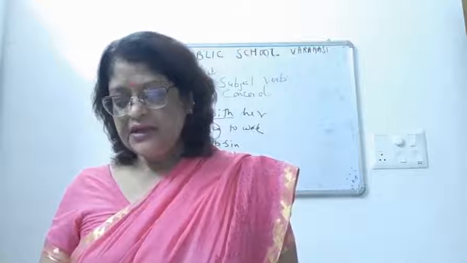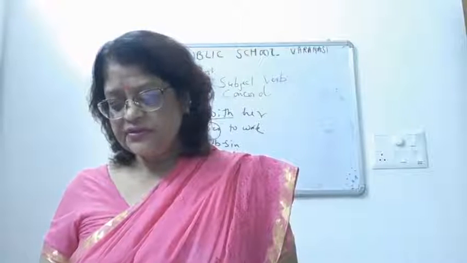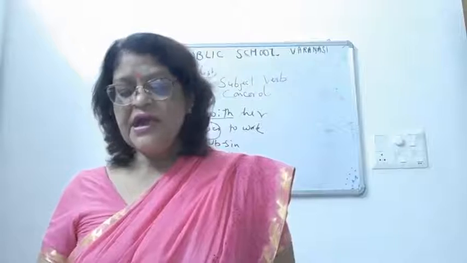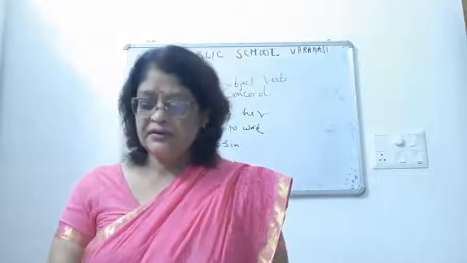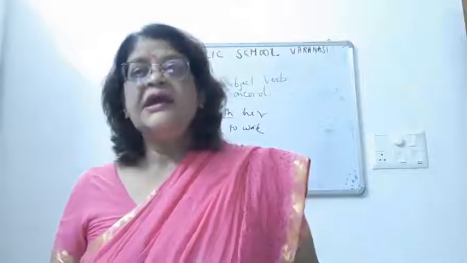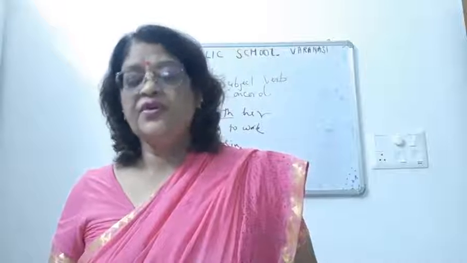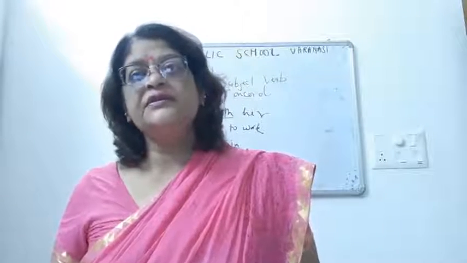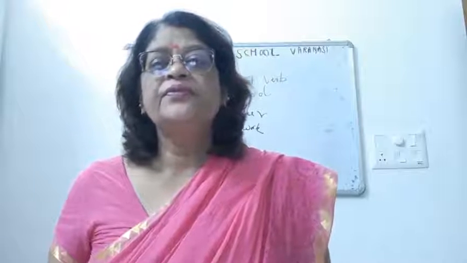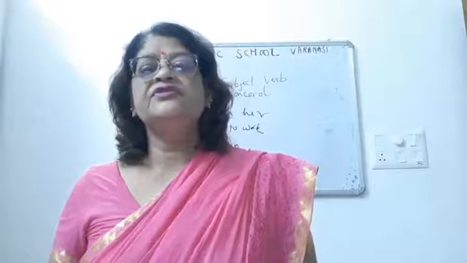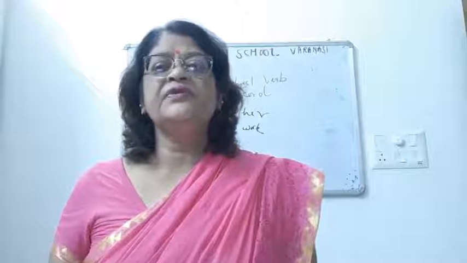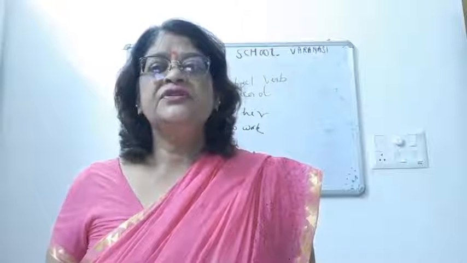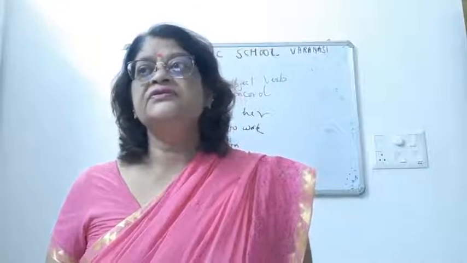The clothing has to be washed. The crockery has been broken. The cutlery has not been found in the house. Stationery is not there in his shop. We will never say stationery are not there in the shop. We will say stationery is not there in his shop.